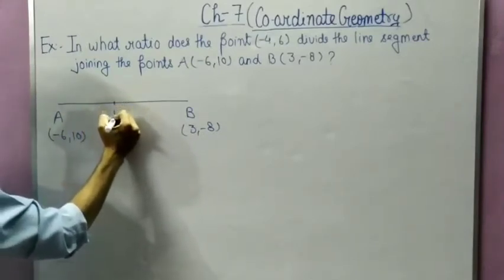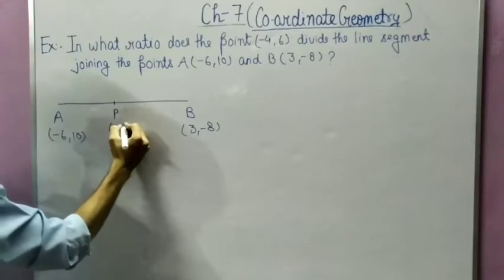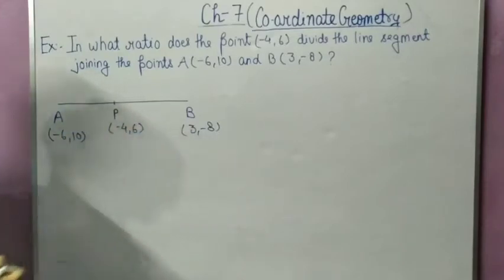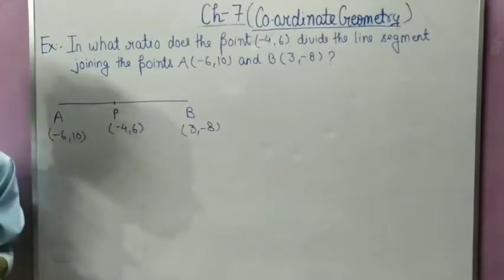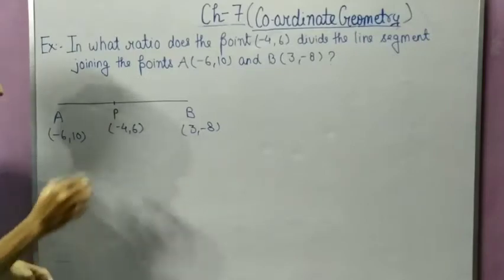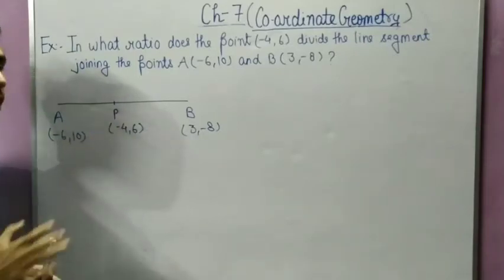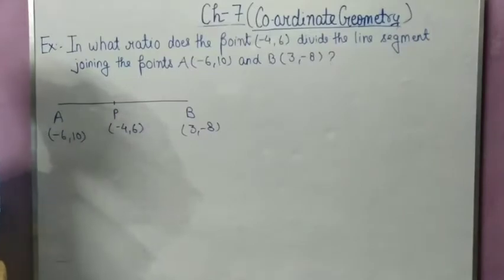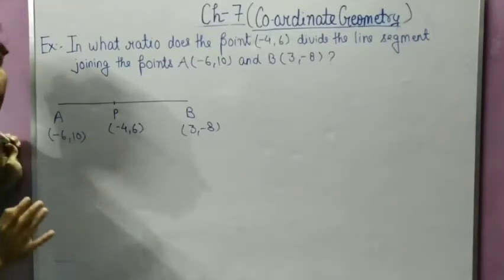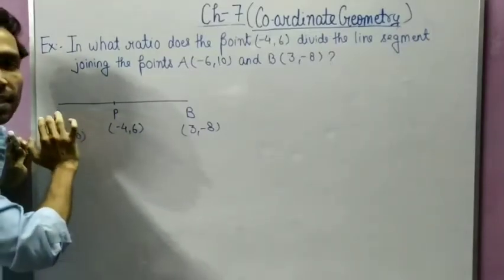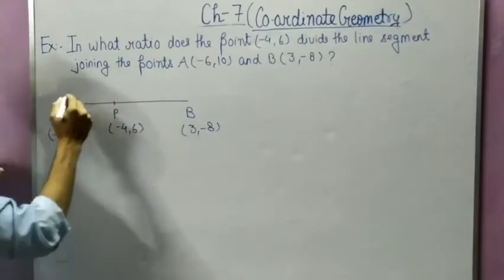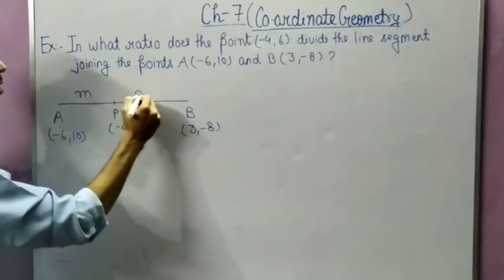Suppose it is a point P, and its coordinate is (-4, 6). So in this question we have to calculate in what ratio this point will divide AB. Means we have to find the ratio m:n.